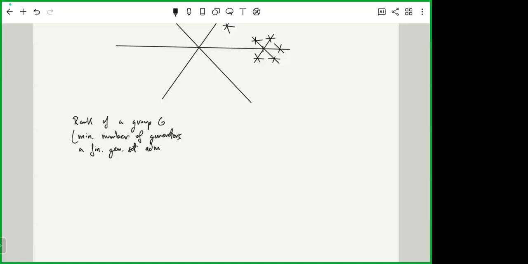This is an algebraic property, but it is not a geometric property.